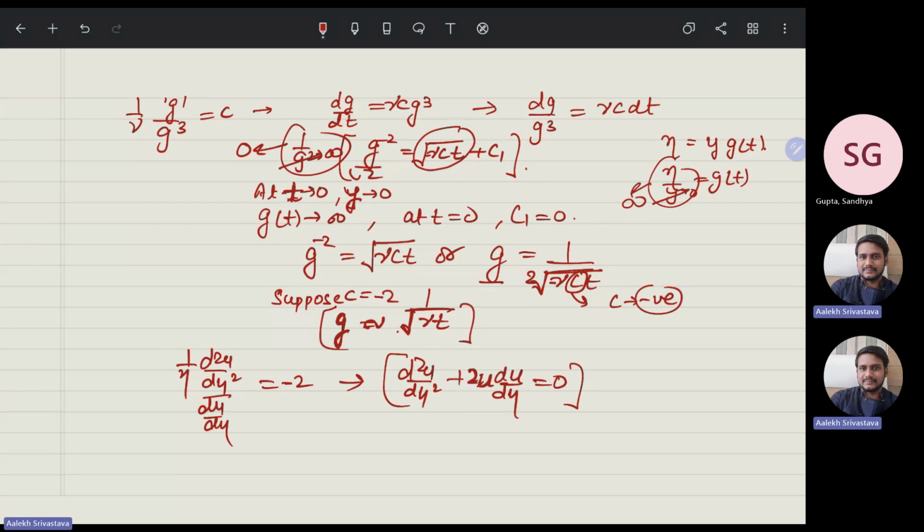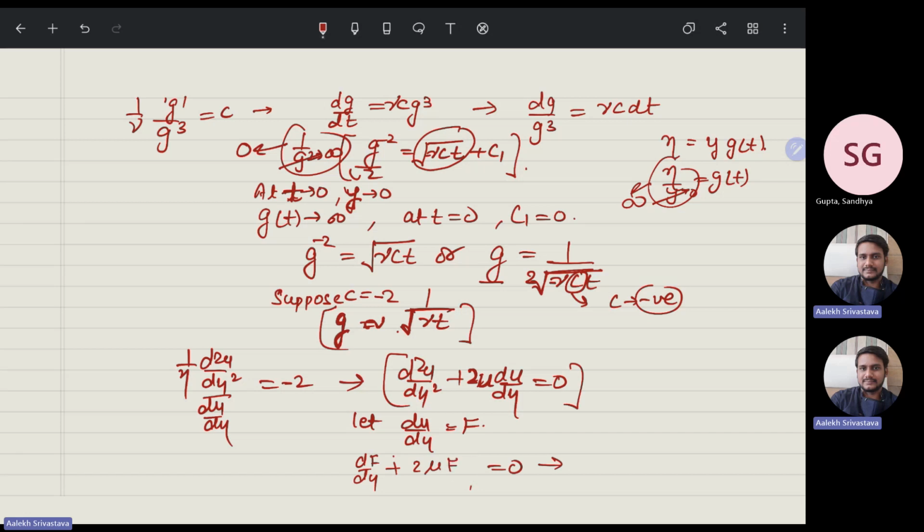Now what you will do is simply integrate. Let del u by del eta be some function f. So it is del f by del eta plus 2 mu del f by del eta is equal to 0.